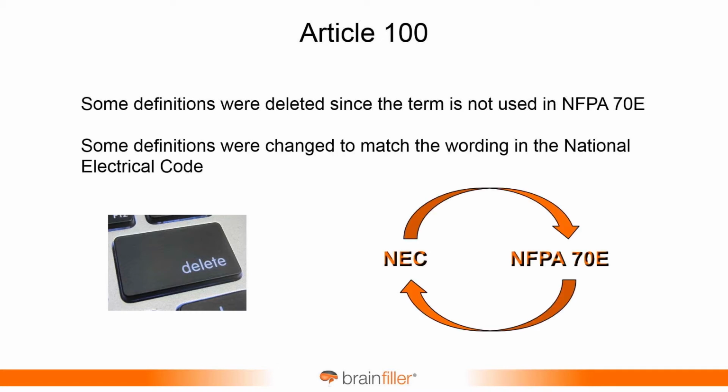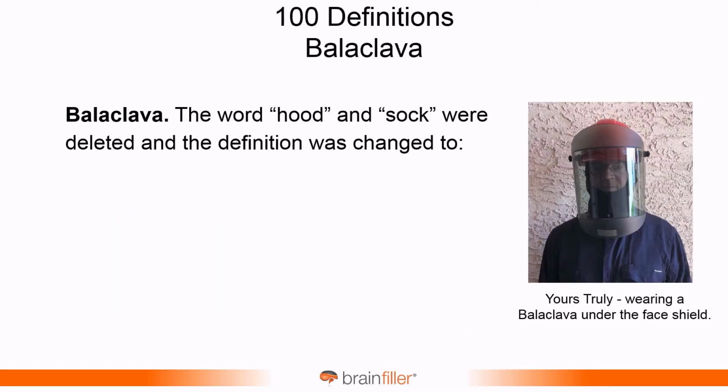And there were some definitions that were just changed to match the wording in the National Electrical Code because we need to have some consistency. So you'll see some word changes that are just to align with, for example, the NEC. There are some other changes to clarify definitions a little better. And the first definition I want to begin with is balaclava.